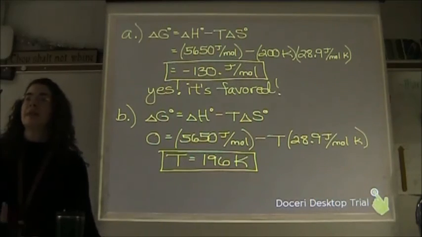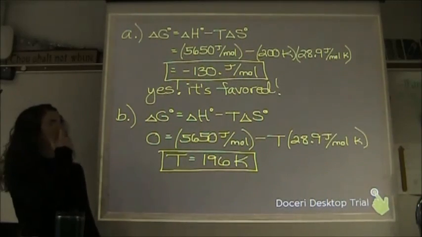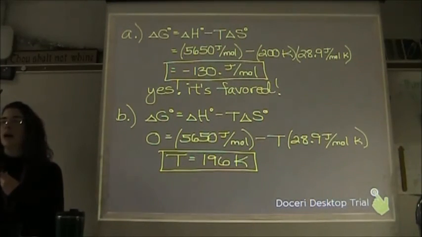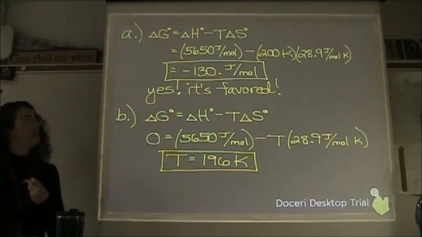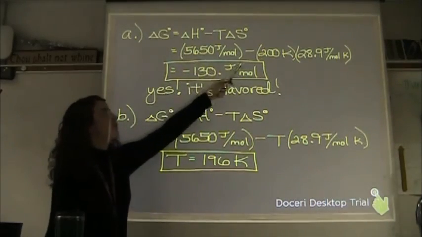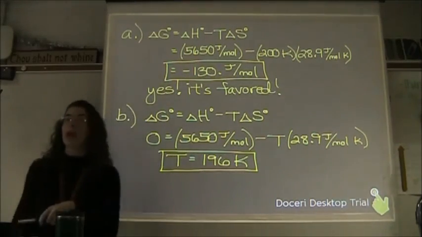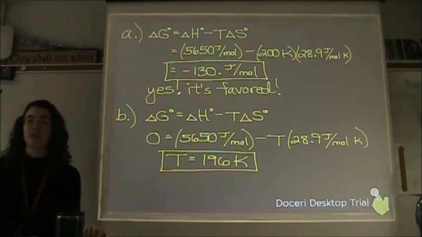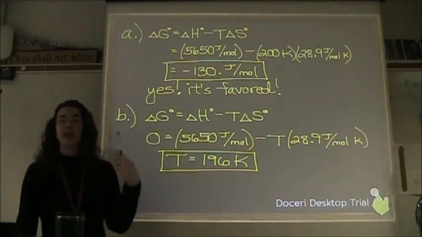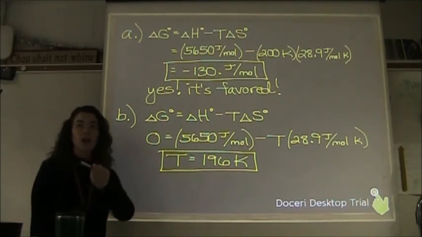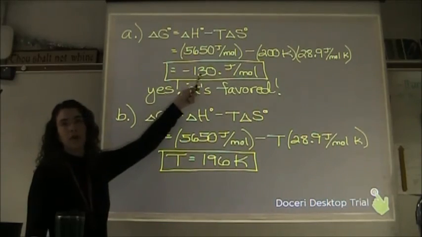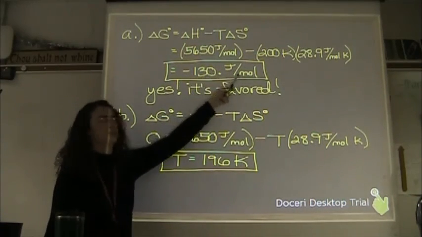Now guys, let me say something about letter A. I chose to change everything into joules. You may have chosen to keep everything in kilojoules, and that's fine. If you chose kilojoules, then your answer for part A should be negative 0.130 kilojoules per mole.